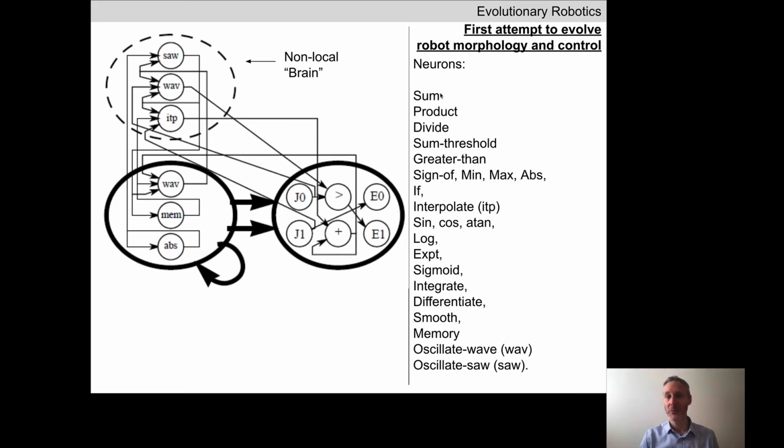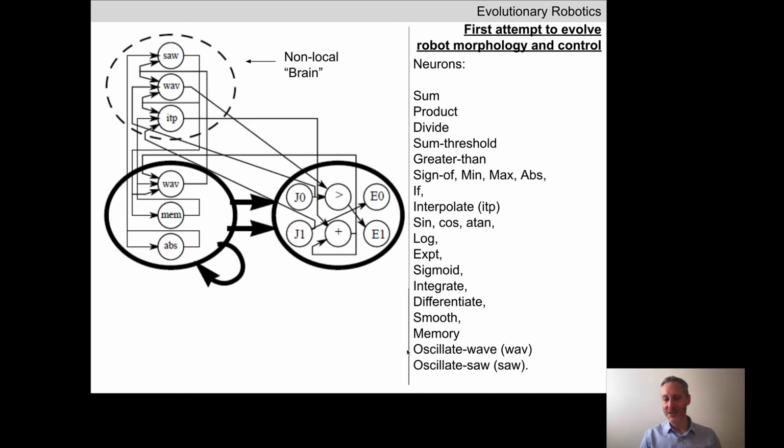In this particular project, Sims used a large number of activation functions. Here's the sigmoid down here. This is the most common one in neural networks today. But as you can see, back in the early 1990s, there were all sorts of different kinds of functions that could be applied. We won't go through all of them.